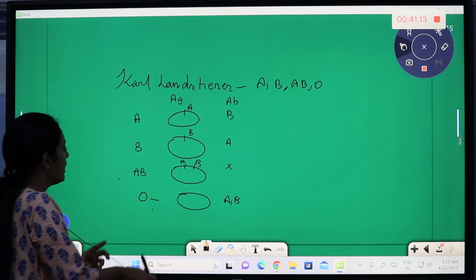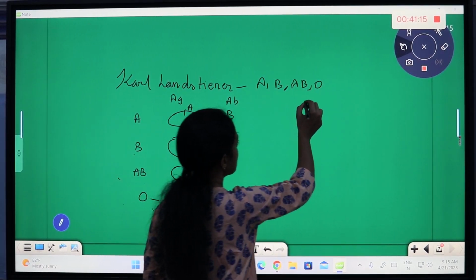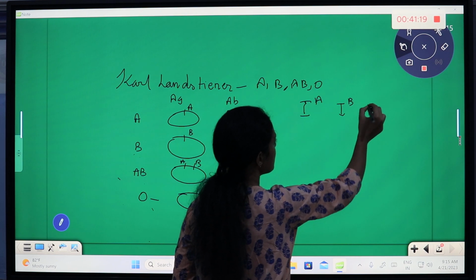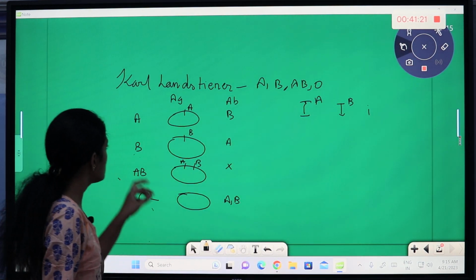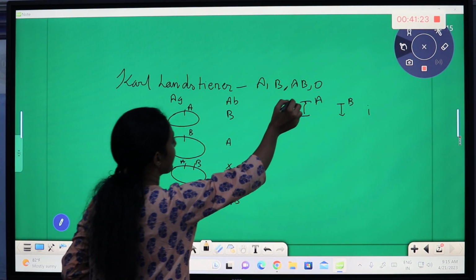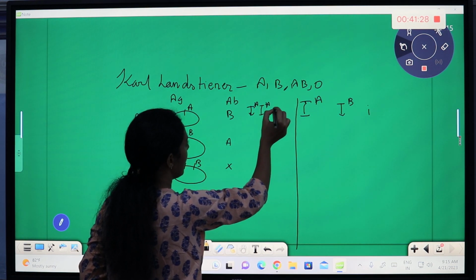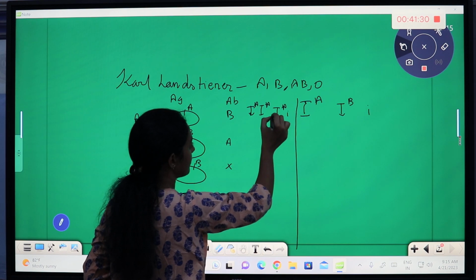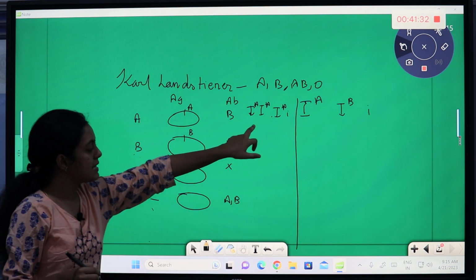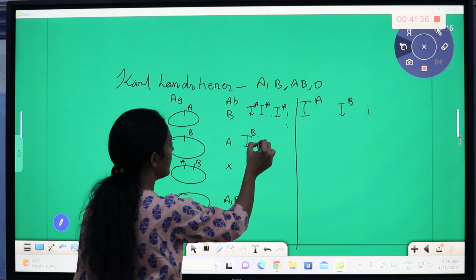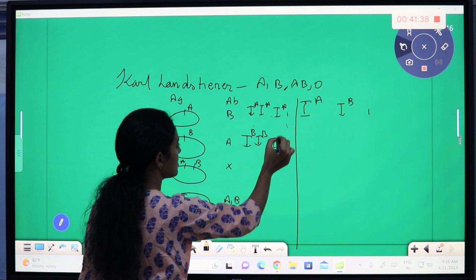You see here, there are 3 alleles which are responsible for blood grouping: IA, IB and small i. A person with A blood group can have these 2 genotypes: IA IA, IA i. Do you all agree? Homozygous, heterozygous. Similarly, the person with blood group B can have these 2 genotypes.